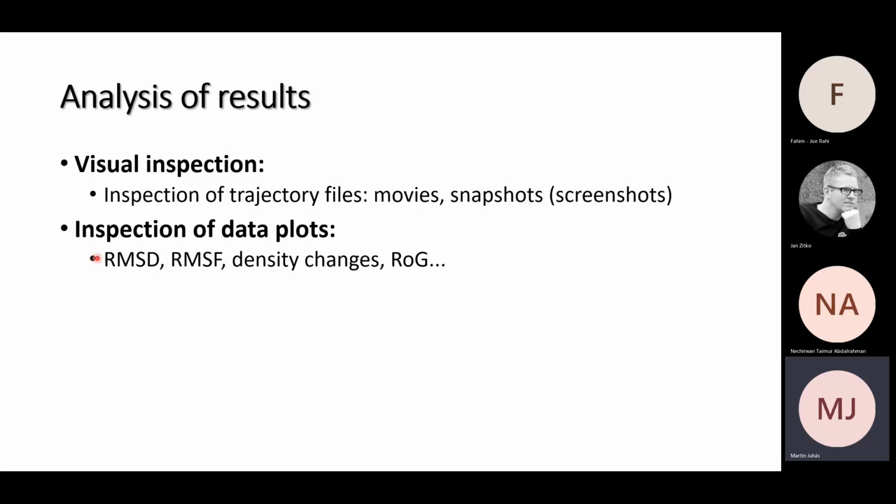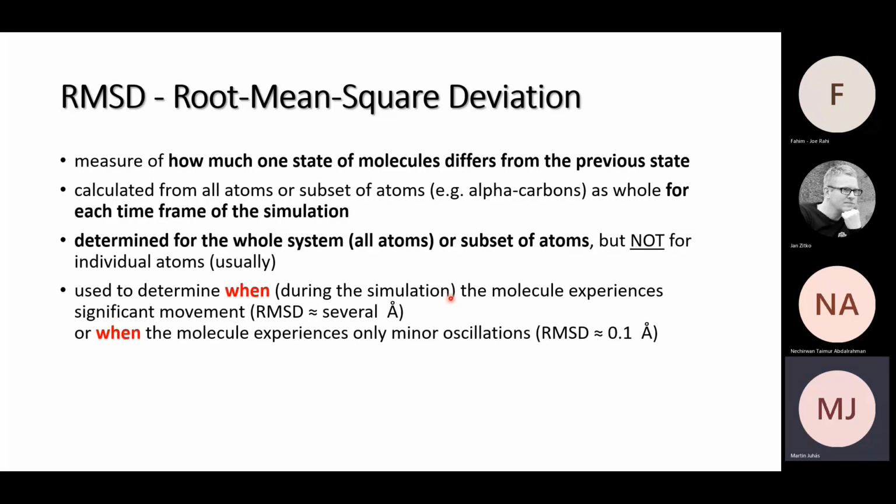The most important ones are the RMSD, RMSF, but you can also check some other variables and some other computed properties like radius of gyration, etc. And all this information is supposed to give you some idea about the system, how it evolves in time, how it changes, or if it changes, if it doesn't change, if it changes much or not much. So we'll go through the basic ones.